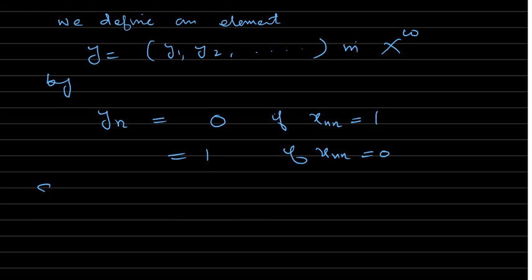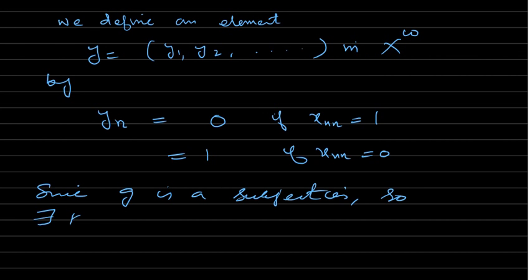Now since this g is a surjection, there exists some k in Z plus such that g of k is y. So g of k is equal to y.